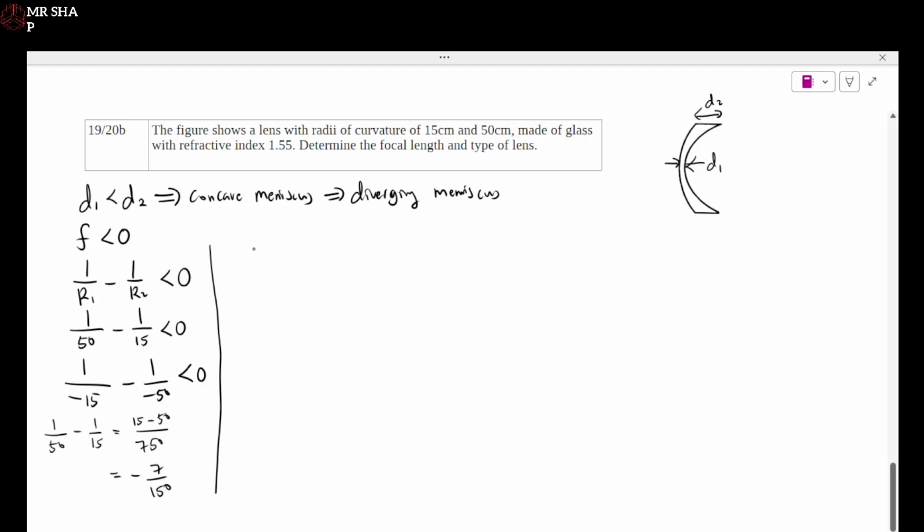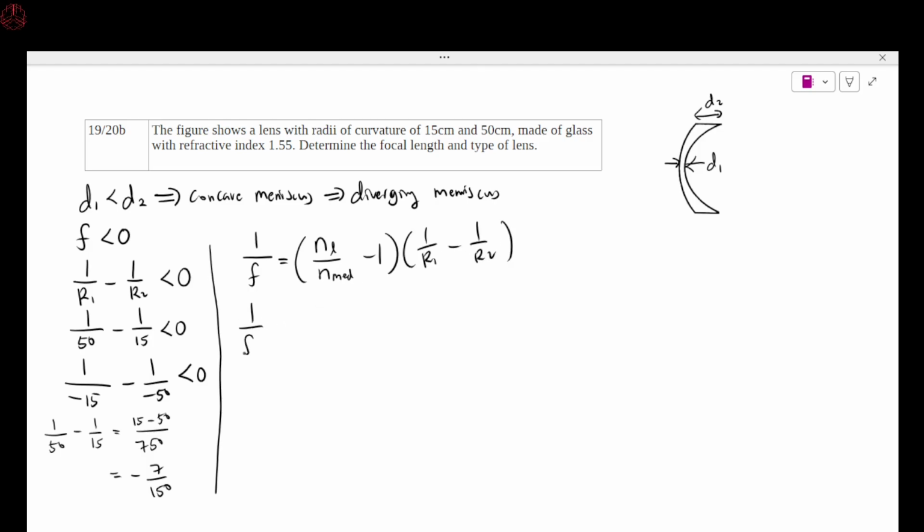Now I need to look for the focal length. I have 1 over f equal to the refractive index of the lens over the refractive index of the medium minus 1, and then 1 over R1 minus 1 over R2. So 1 over f equals 1.55 over 1 minus 1, times negative 7 over 150.